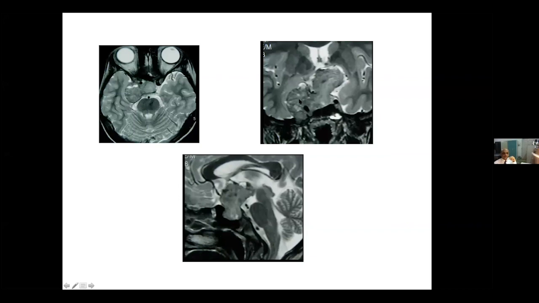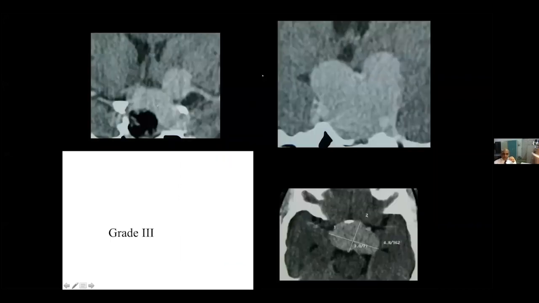Now you see this beautiful image. This is another patient. You see the diaphragma sellae is elevated by the tumor. Can you see that? And the roof of the cavernous sinus is elevated by the tumor. The dura is not transgressed here. Lateral wall of the cavernous sinus is intact.